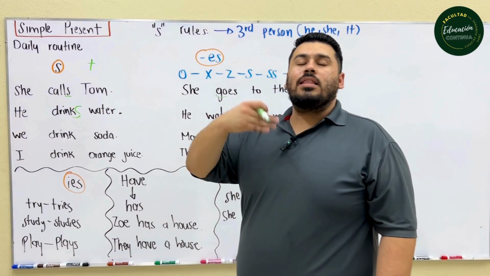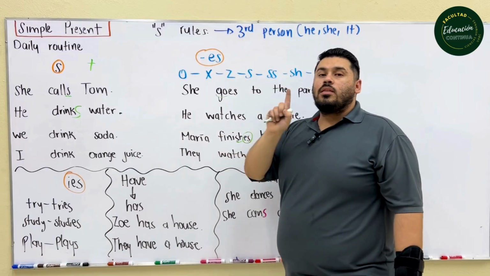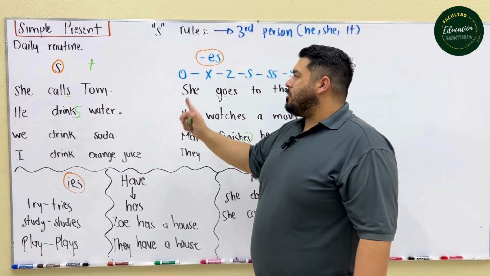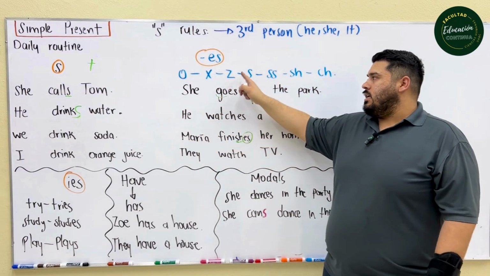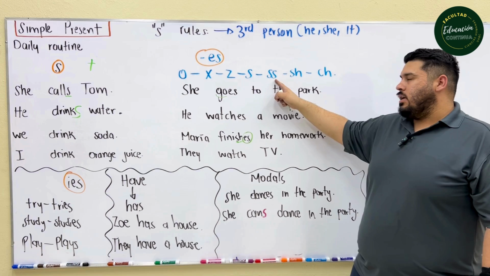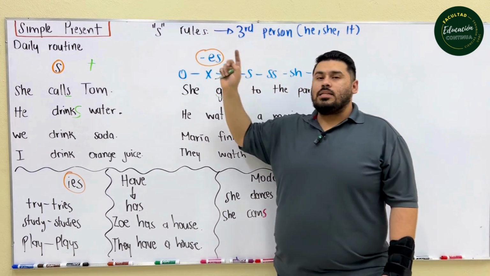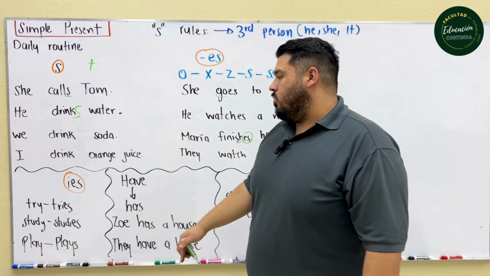You don't need to write ES. So remember, with the verbs that end with O, X, Z, S, double S, SH, and CH, you need to write ES. Now we're going to continue with another rule.